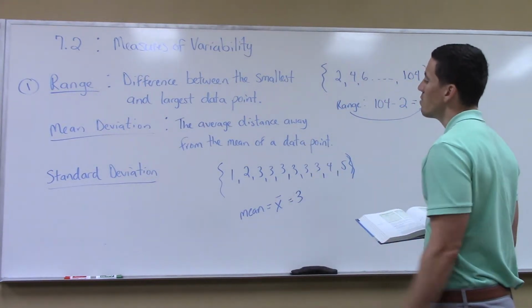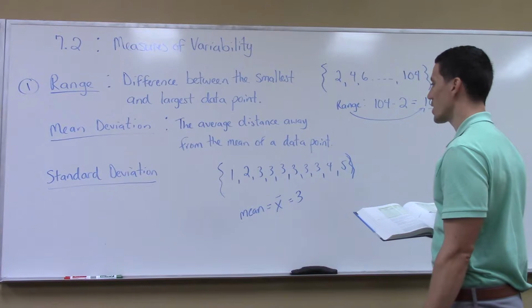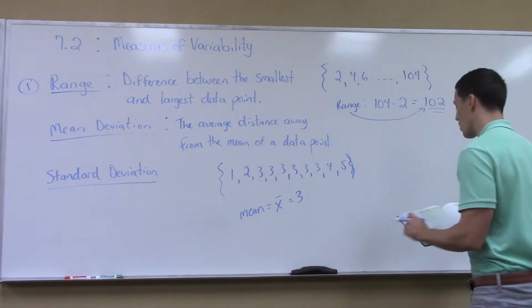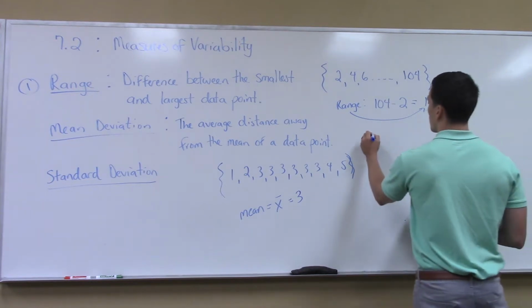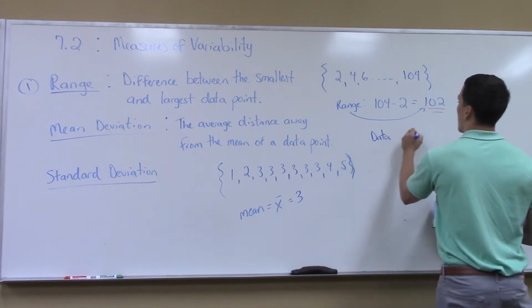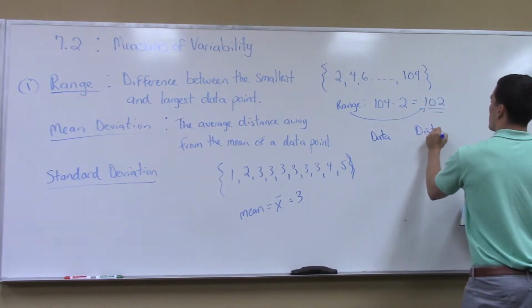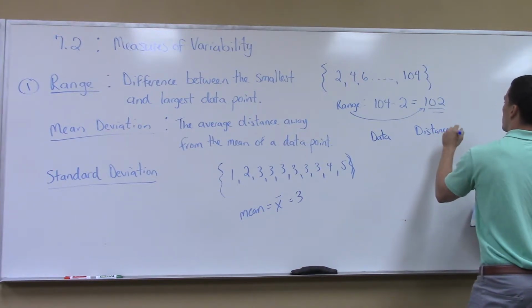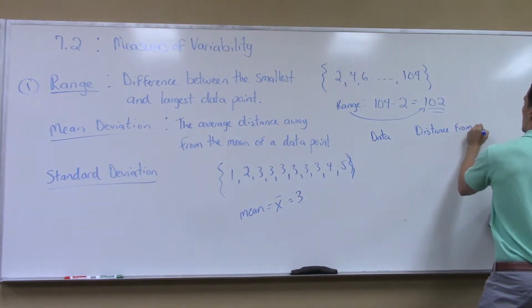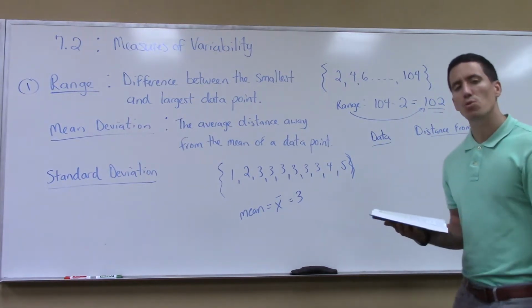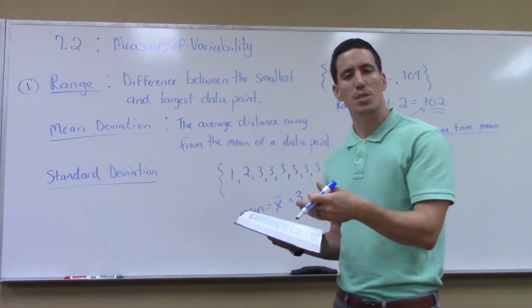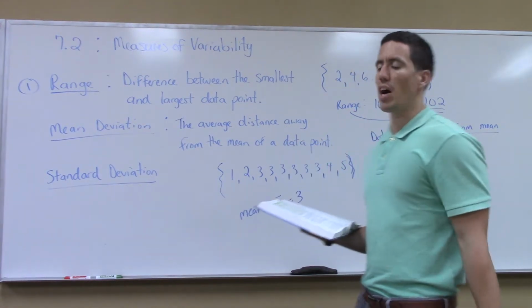The mean deviation, the way that we calculate that is we take each of our data points and we find out the distance that each of them are from the mean. So here's our data, and here's our distance from mean. I'm not going to go through this whole process because it would make the video too long. I'm going to go through a couple of steps and then hopefully you'll be able to follow from there.